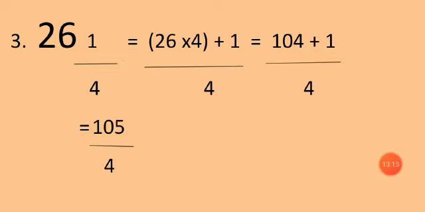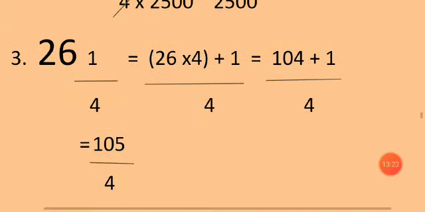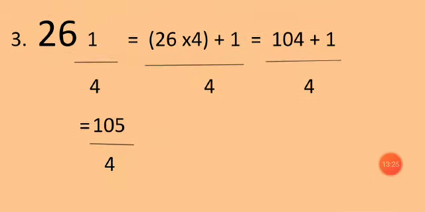I hope we remember how we do this. I'm taking you through it. To convert a mixed number to improper fraction, we multiply the whole number, which is 26, by the denominator, which is 4, and we add the numerator to it.